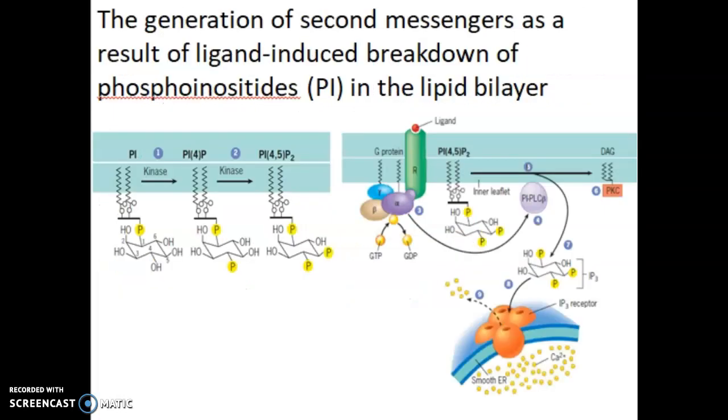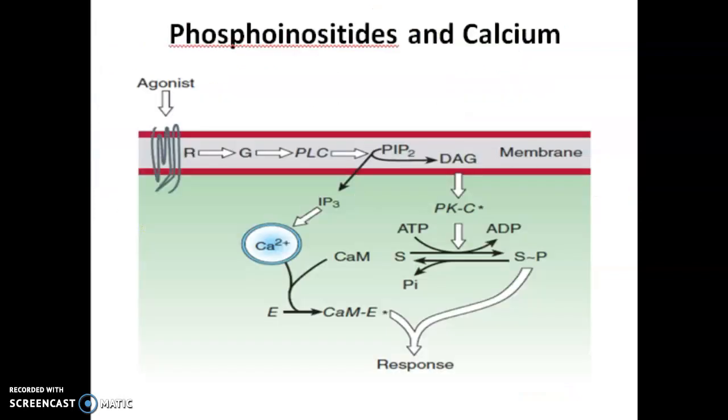The generation of second messengers as a result of ligand-induced breakdown of phosphoinositides in the lipid bilayer. Another well-studied second messenger system involves hormonal stimulation of phosphoinositide hydrolysis. Some of the hormones, neurotransmitters, and growth factors that trigger this pathway bind to receptors linked to G proteins, whereas others bind to receptor tyrosine kinases.